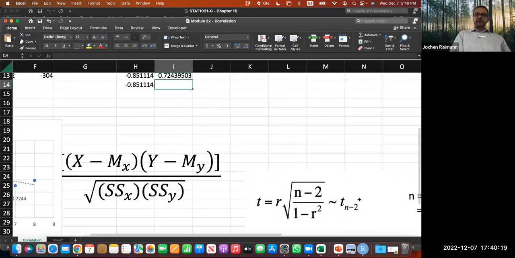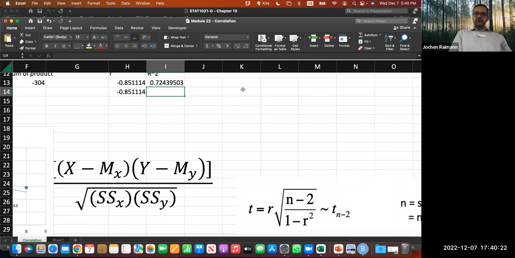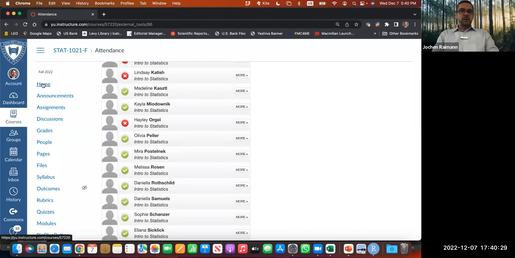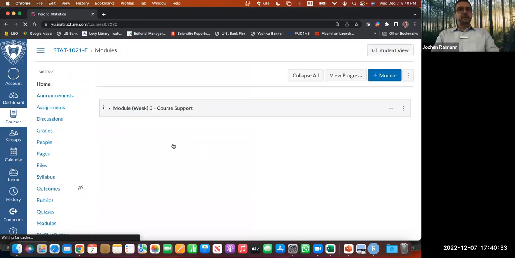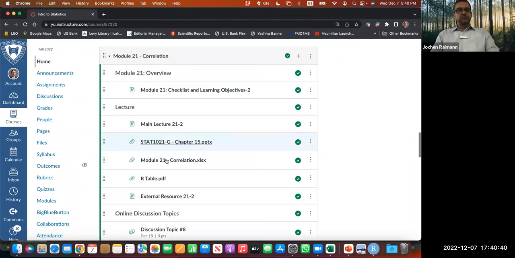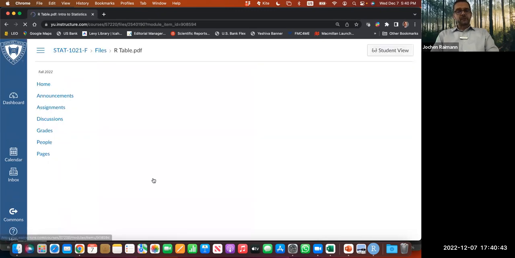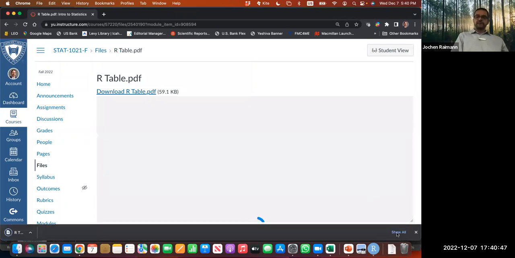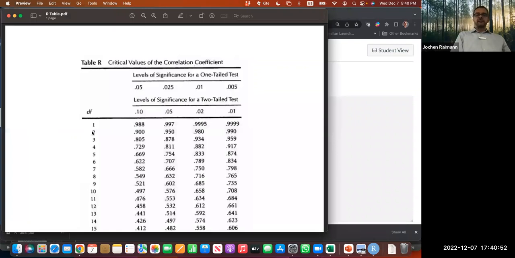So if we were to calculate the t now, we can do this quite simply. You also have on Canvas, on the module, the R table. The R table is essentially a modified version.